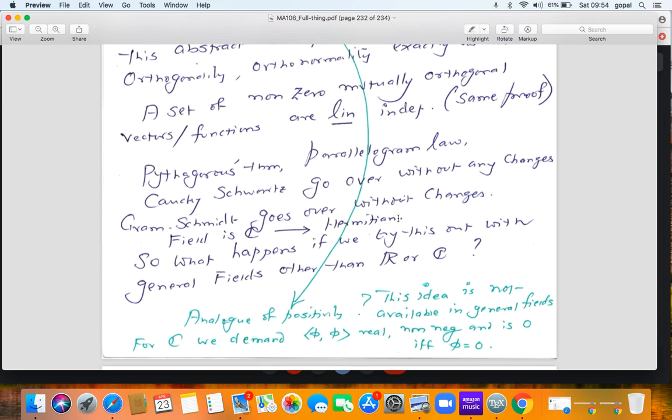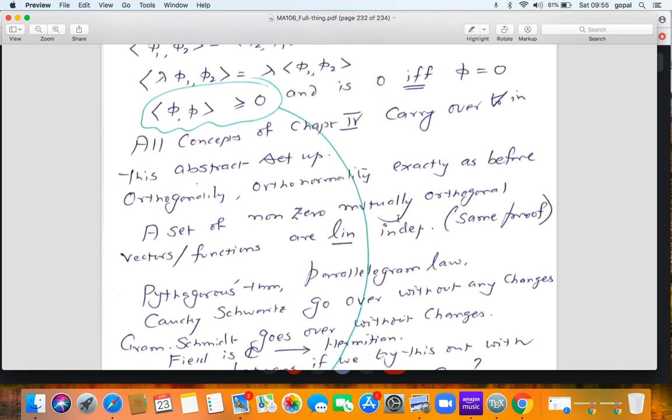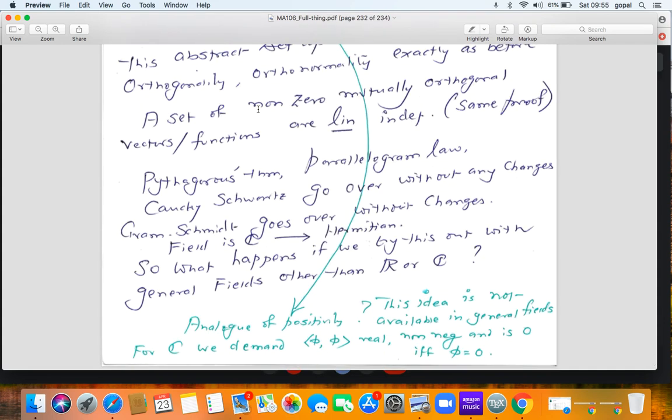So what happens when we try this out with a general field other than real numbers or complex numbers? When you talk about inner products, we are very careful to work with the real numbers or complex numbers. The reason is very simple. The trouble comes from this requirement of positive definiteness. What is the analog of positivity in an abstract field?